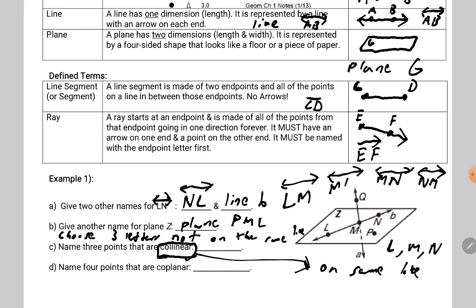Notice that little a represents the line that's going through plane Z. So a is not a point. It represents the line, that vertical line there, not a diagonal. So our only 3 points that are collinear, or on the same line, are L, M, and N. There are no other collinear points.